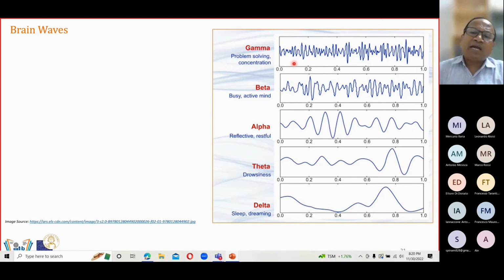So these are all the patterns for normal persons under different activities. Remember, these are only some examples. There may be hundreds of thousands of activities for which different waves can be generated, but you can always associate them. Meditation, for example, is not written here. I hope you all understand meditation. Of course, meditation will be somewhere near delta, because in the meditation stage you try to keep very calm.